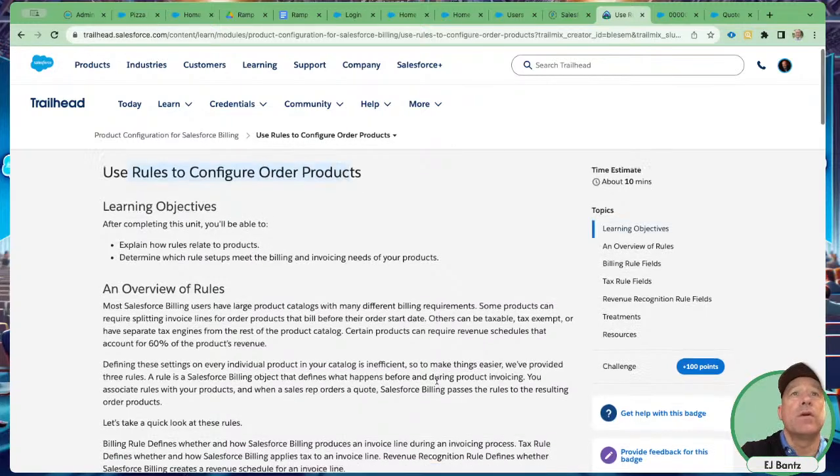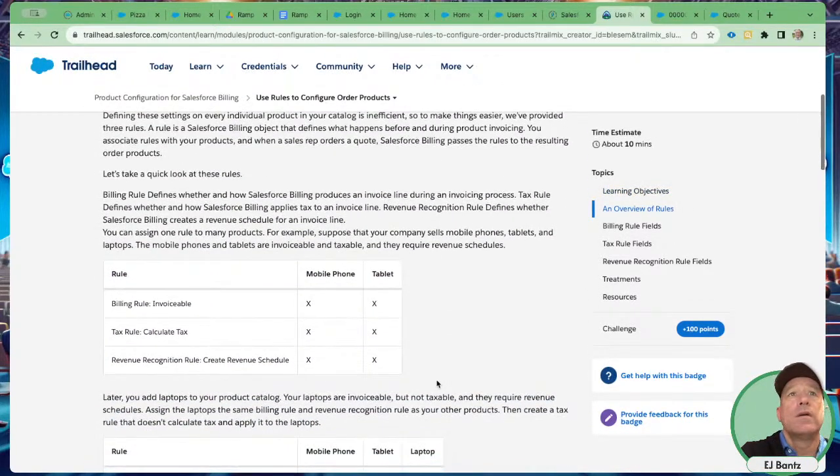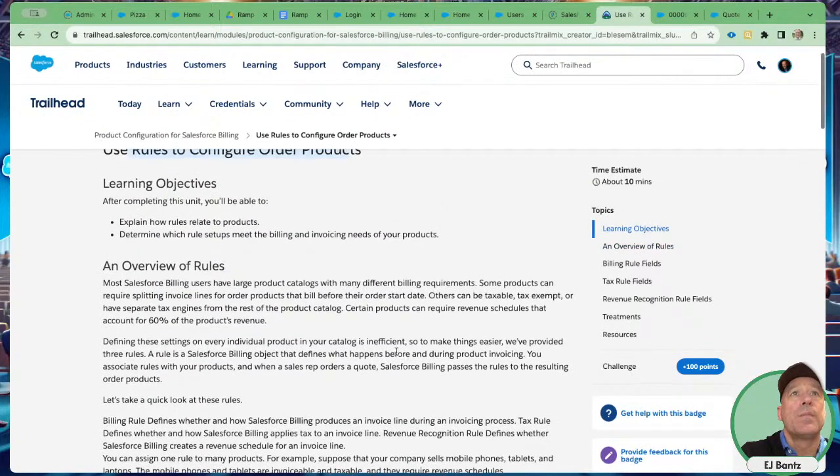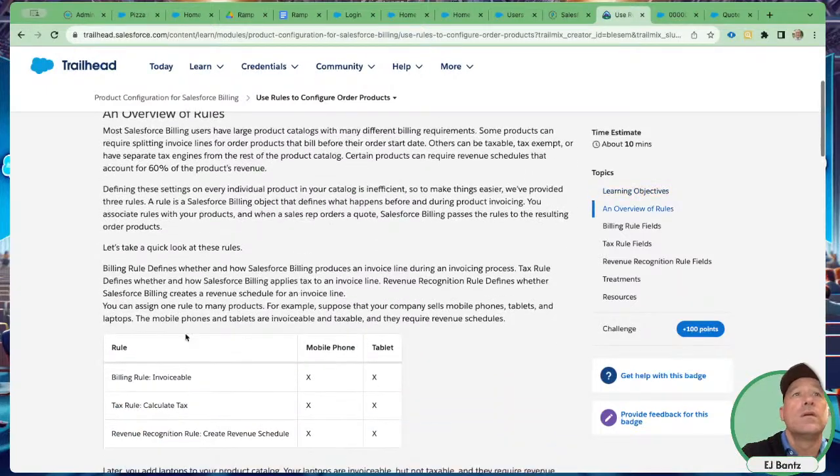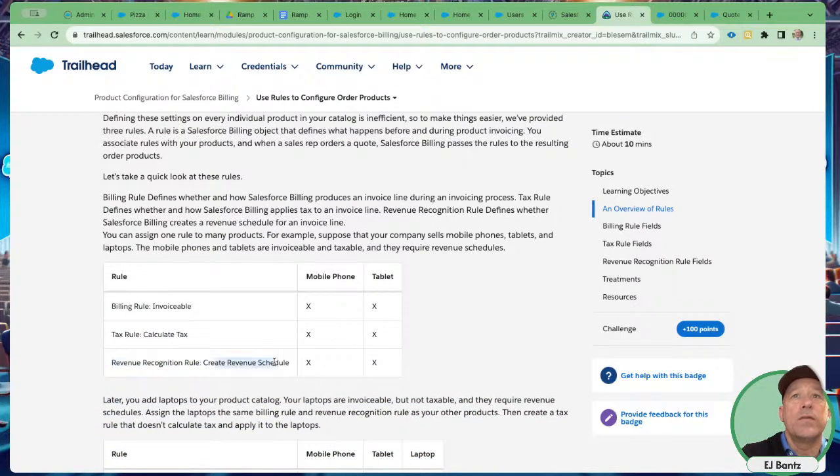Use rules to configure orders. Okay. Explain how rules relate to products. Determine each rule setup meets the billing and invoicing needs. Invoiceable, calculate tax, revenue recognition, create a revenue schedule.